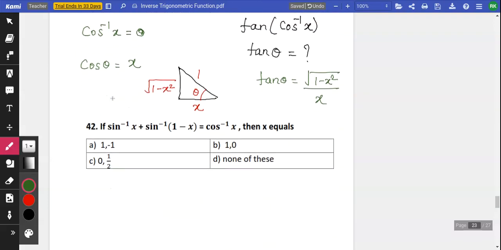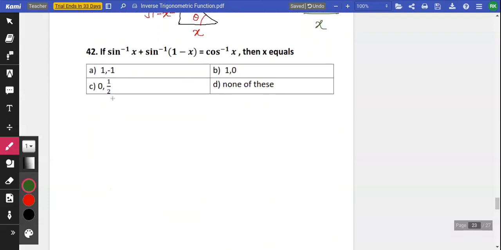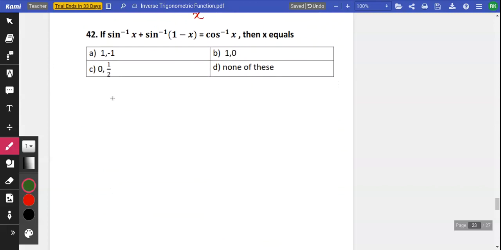In this question, you have to find the value of x. Again, using this formula, sine inverse x plus cos inverse x is equal to pi by 2.